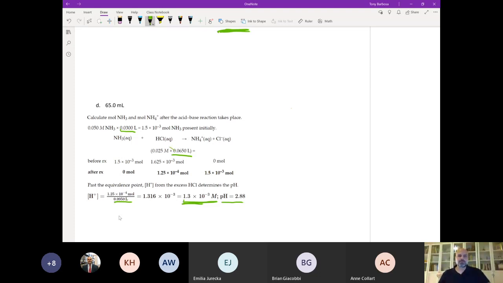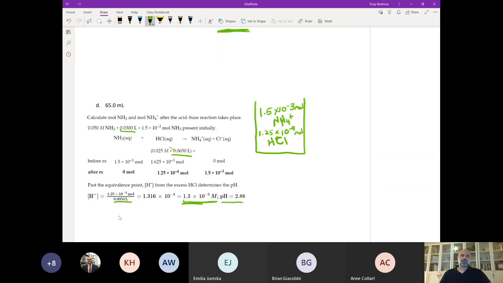At the end, in the flask, we have 1.5 times 10 to the minus 3 moles of ammonium ion. And then we also have 1.25 times 10 to the minus 4 moles of HCl, or H+. We'll just call it HCl.